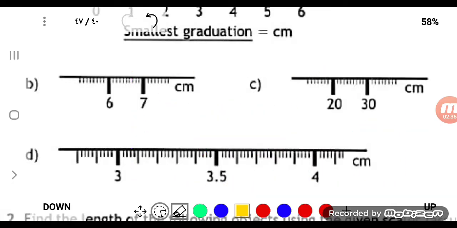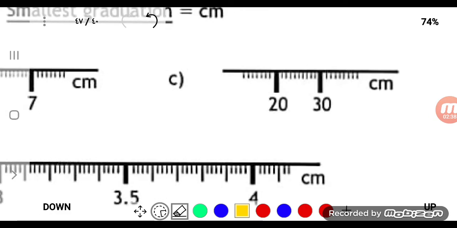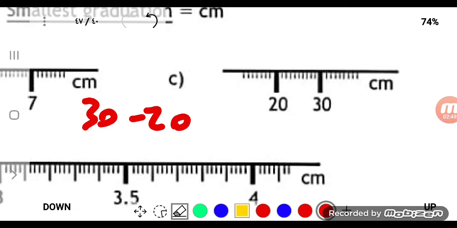Next, question C. Clearly, the two consecutive numbered notches are 20 and 30. So here we do 30 minus 20, we get 10. Then this is the difference between two consecutive numbered notches.